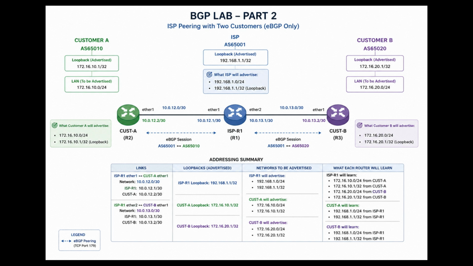Before configuring any routing protocol, always verify that Layer 3 connectivity is working correctly. BGP establishes its neighbor relationship over TCP port 179, but before that can happen, the routers must already be able to reach each other.